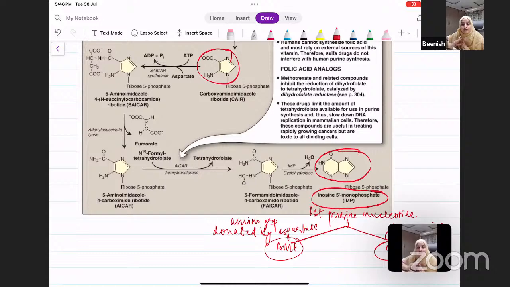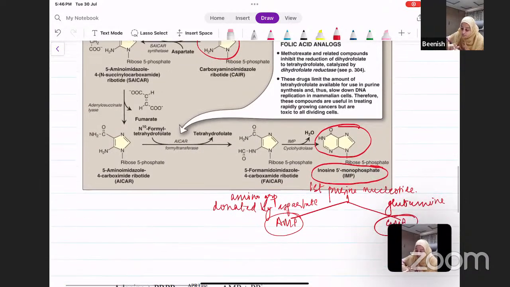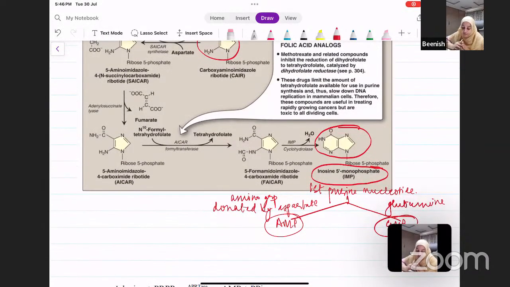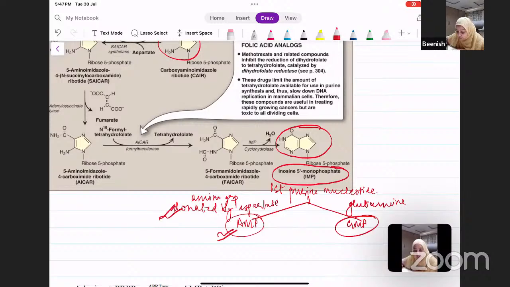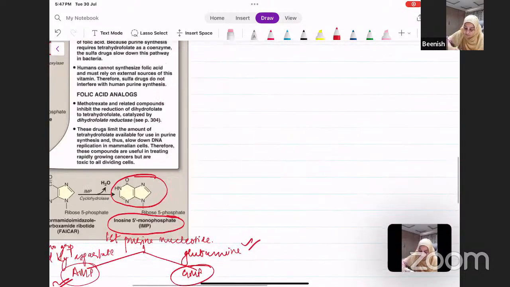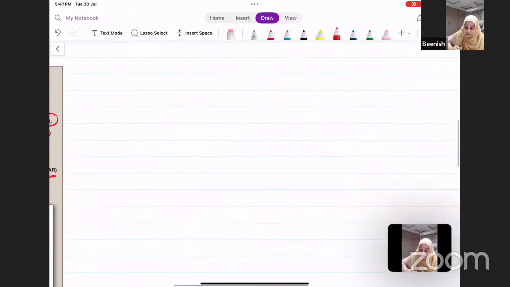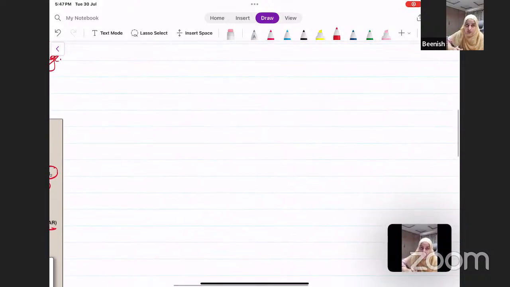So this is the first purine that is synthesized. Now to this IMP, if the amino group is donated by aspartate, you end up with AMP. If the amino group is donated by glutamine, you end up with GMP. So that was about de novo synthesis of the purines. Now, like I told you, the synthesis of purines has two pathways.